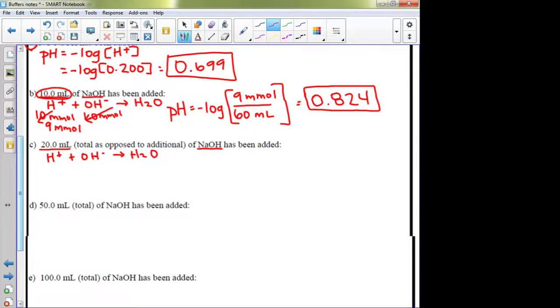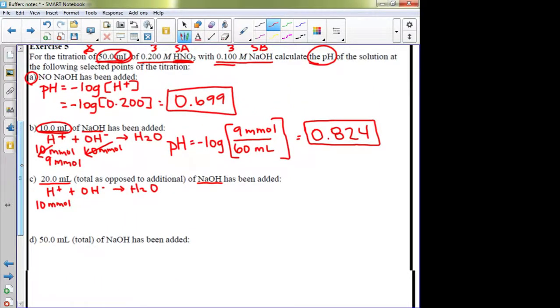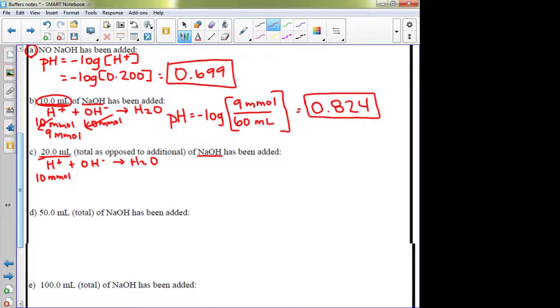How much H positive did I start with? 10 millimoles. We've already said that. How much OH do I have now? I would do 20 times 0.1, right? Because I'm working with my base. So 20 times 0.1 is 2.